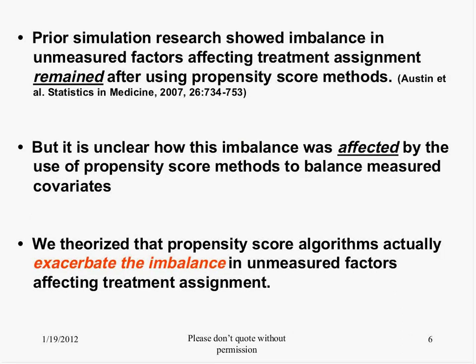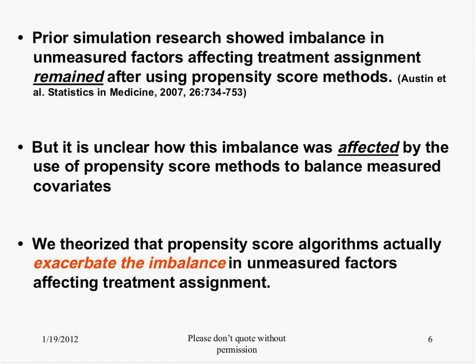In regard to other research that has tried to address this question, there was a paper by Austin in Statistics in Medicine in 2007 that used simulation models and showed that at the end of their simulation, imbalance in unmeasured factors after assignment remained after using propensity score methods.